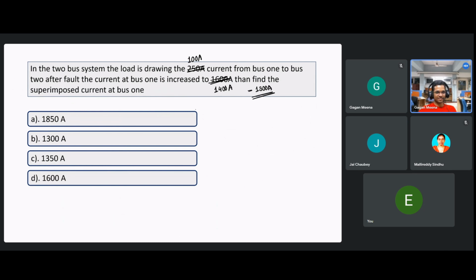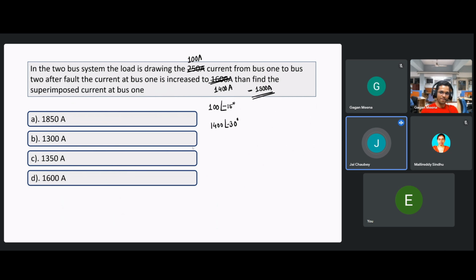Suppose I say that the current drawn by the load is 100 angle minus 15 degrees, and the fault current is 1400 angle minus 30. Now you have to tell the direction of fault current. Will it be in front of the relay or behind the relay? Can you do that?